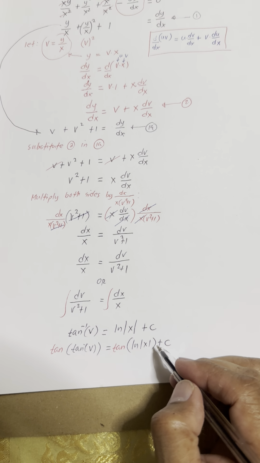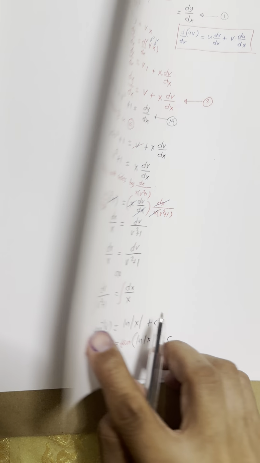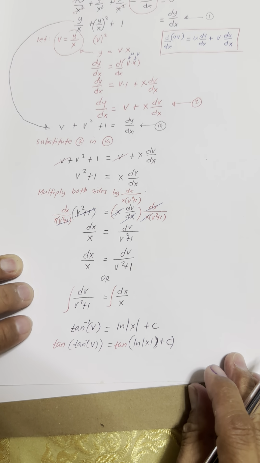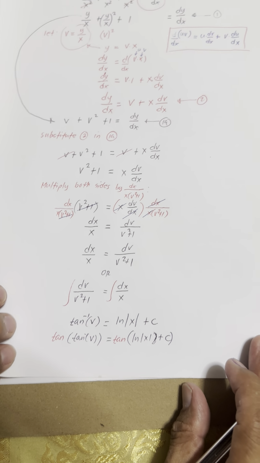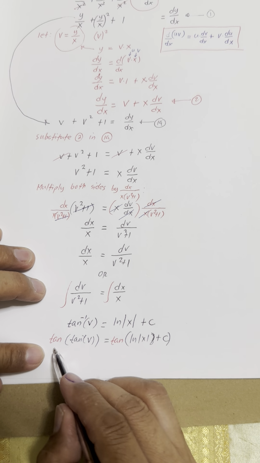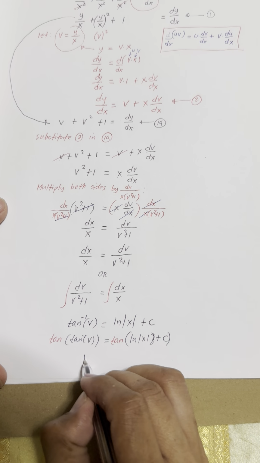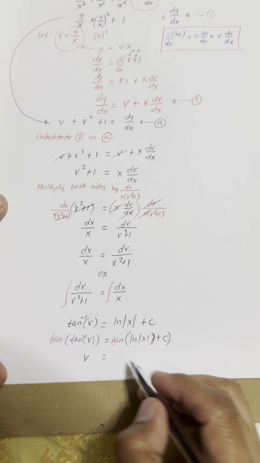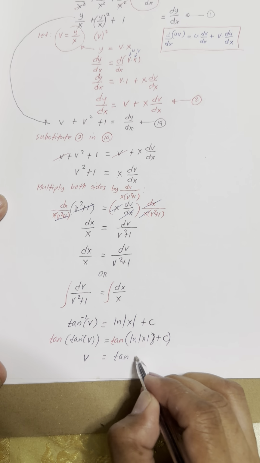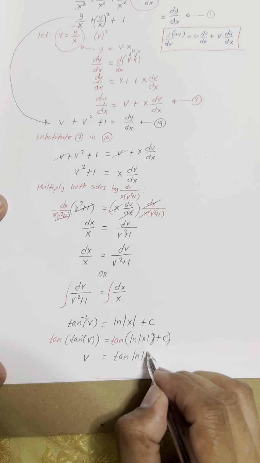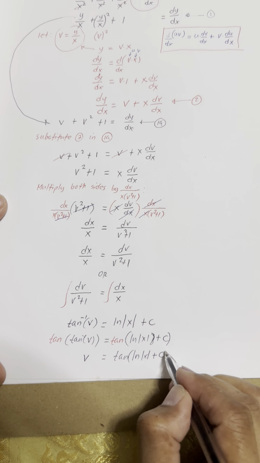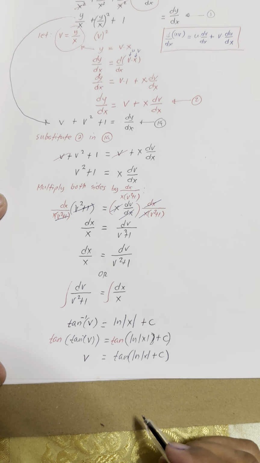Sorry, this one should be here. Okay, so tangent of arctangent, they are inverses, so that is v, equal to tangent of ln of the absolute value of x plus c, so that is our v.